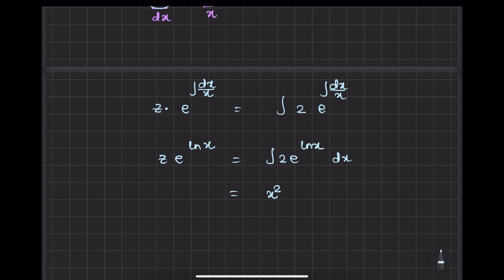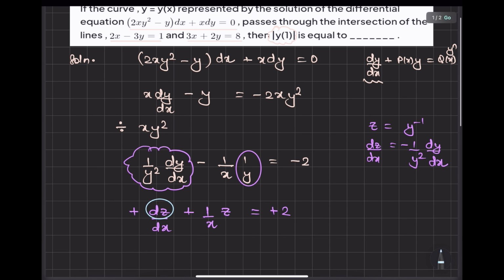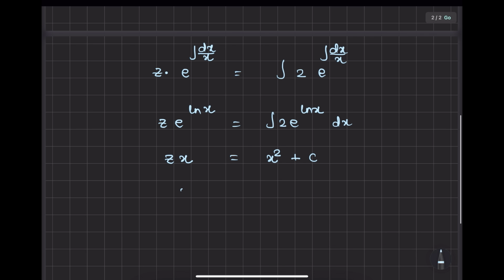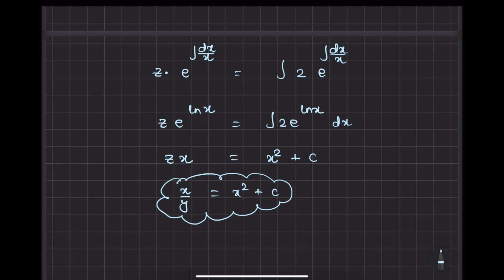So 2 is gone, and we are left with z x. Now we have to convert our question into the form of x and y. Who is z? z was 1 by y. So can I write x by y equals x square plus c?